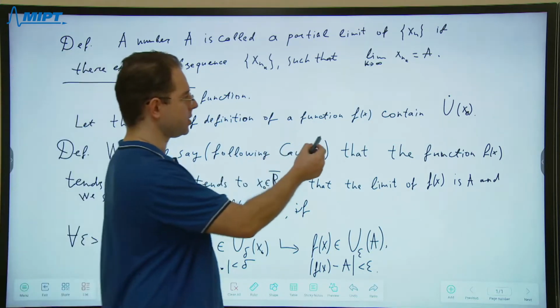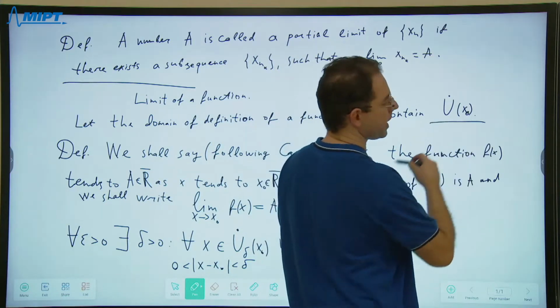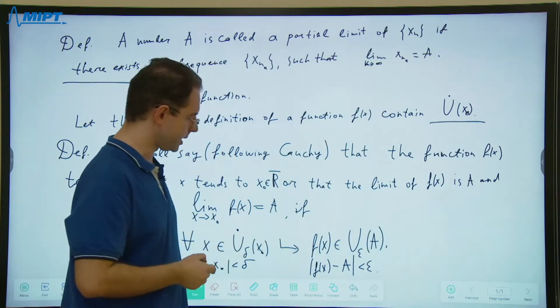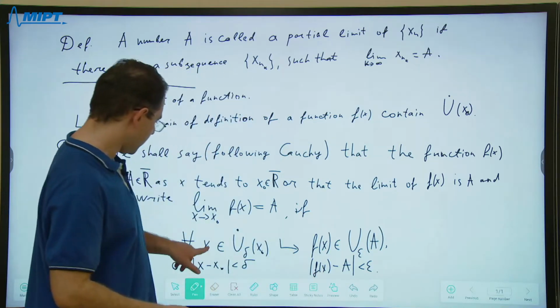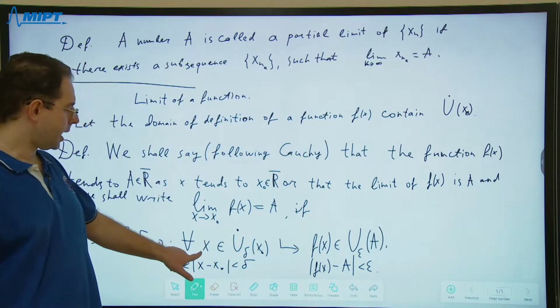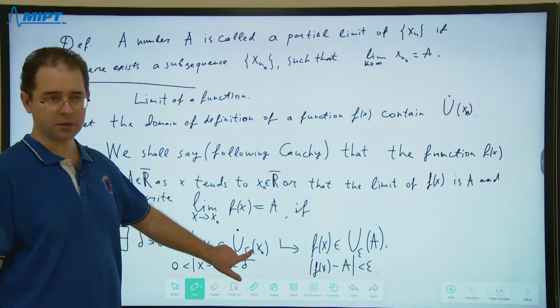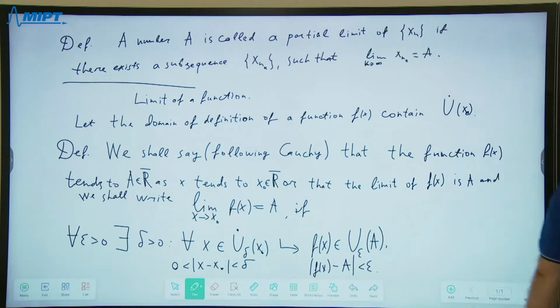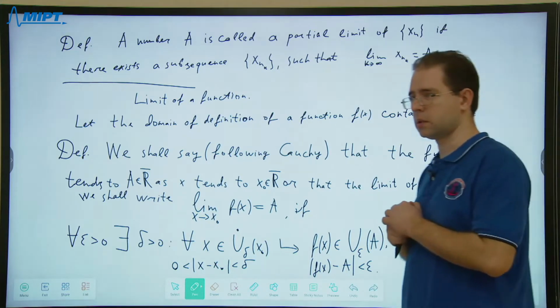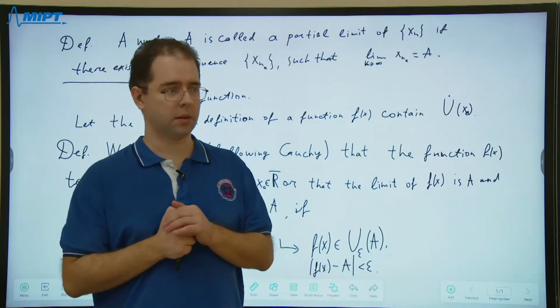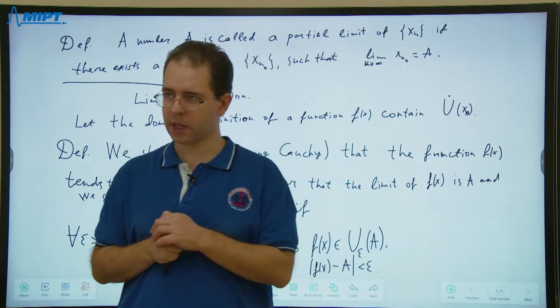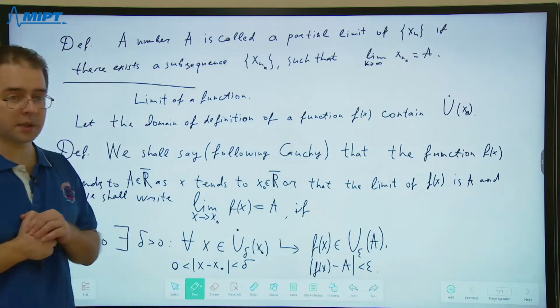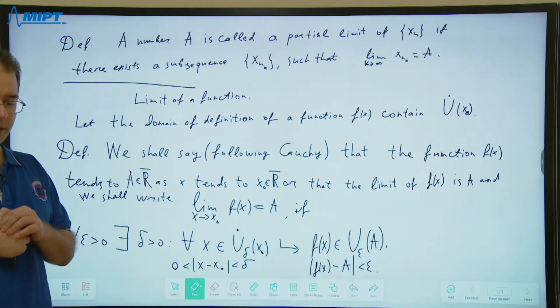So the function may not even be defined at x0 because we have a deleted neighborhood. Over here, we ask x to be from the deleted neighborhood, so it should not be x0. And over there, xn should not be x0. So nowhere here do we care about the value of our function at the point x0 itself. This is important.